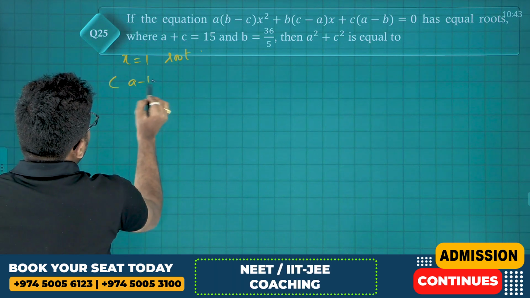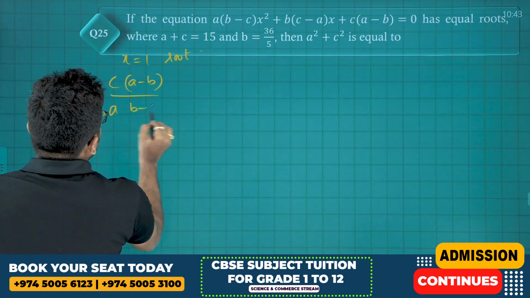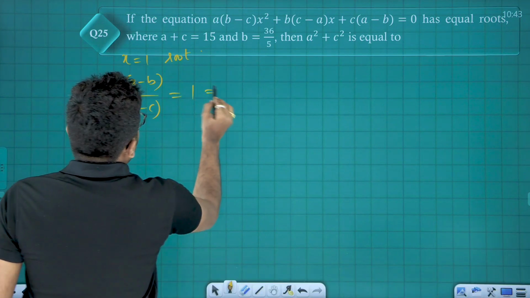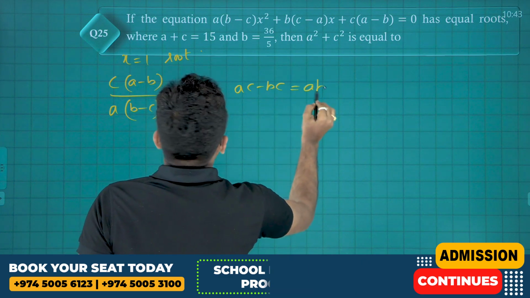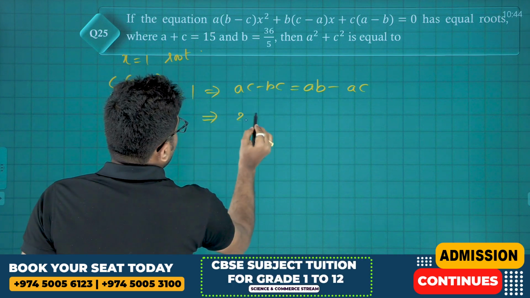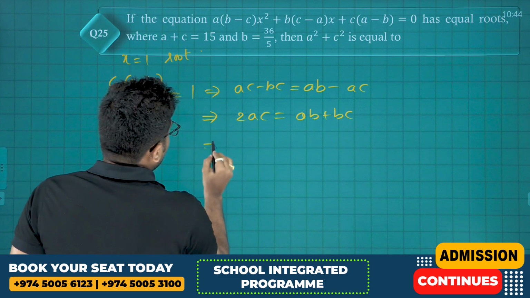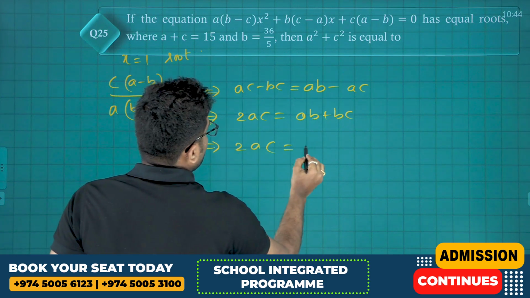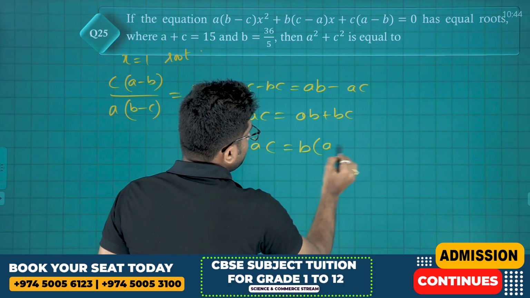So c into a minus b divided by a of b minus c is equal to 1. From here, ac minus bc is equal to ab minus ac, which implies 2ac is equal to ab plus bc.